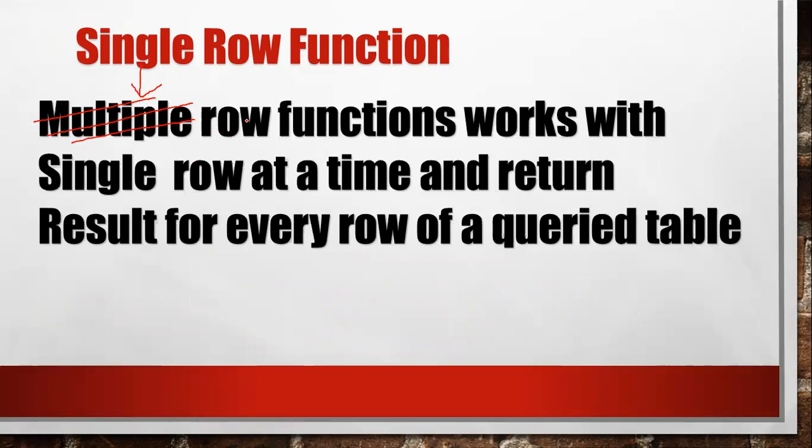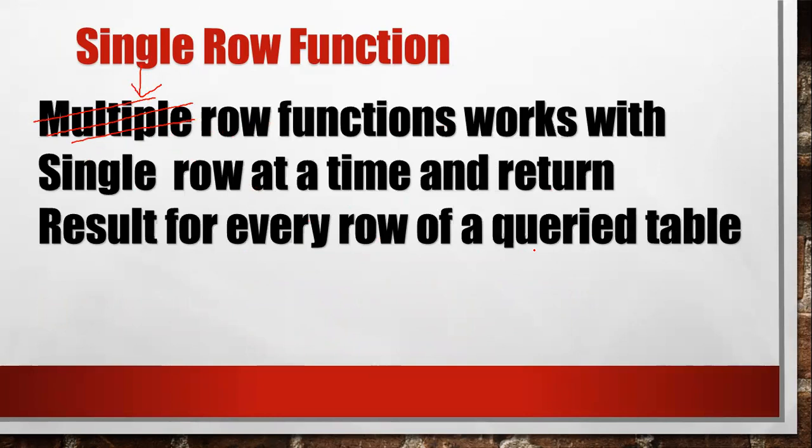Single row function works with a single row at a time and returns a result for every row of a queried table. So what this single row function will do, they will work on each and every row present in the table. That is, they will consider each and every row present in the table, and then they will give you the result for each and every row of the queried table.